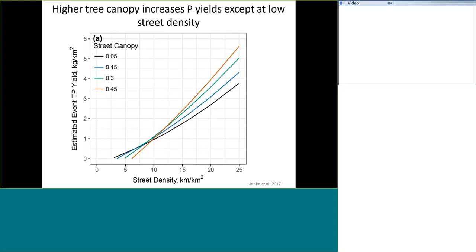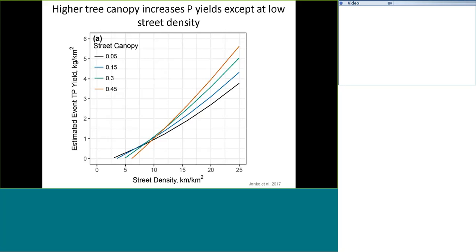And as I mentioned at the very beginning of the talk, we know that we can see declines in runoff volume as we increase tree canopy cover. So Ben did an analysis where he combined information on runoff volume with information on stormwater phosphorus concentrations to estimate phosphorus loads or phosphorus yields from these watersheds.